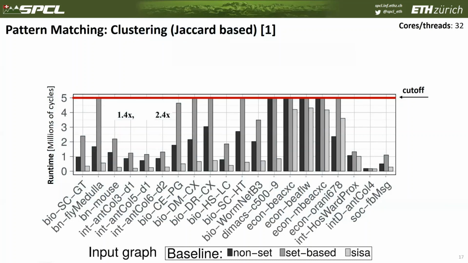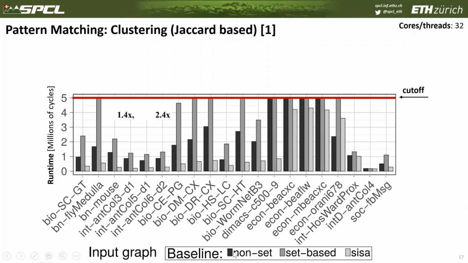In pattern matching, we first pick the clustering scheme, which is using the Jaccard-based coefficients. On the x-axis of this plot, we can see different graph datasets. On the y-axis, we can see runtime in millions of cycles, and bars of different colors correspond to different baselines.